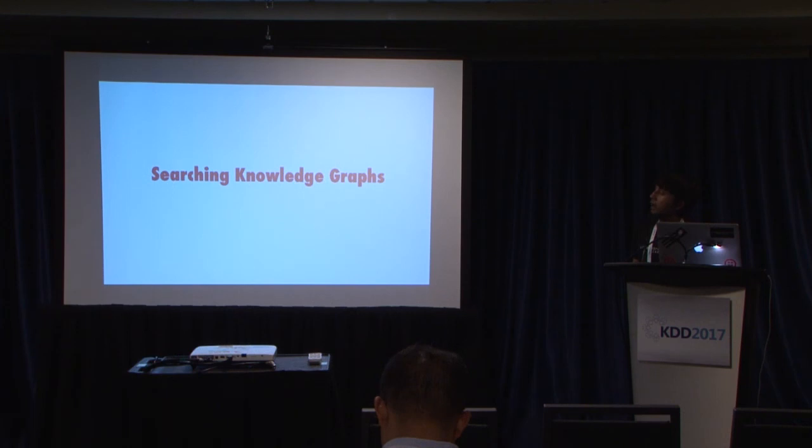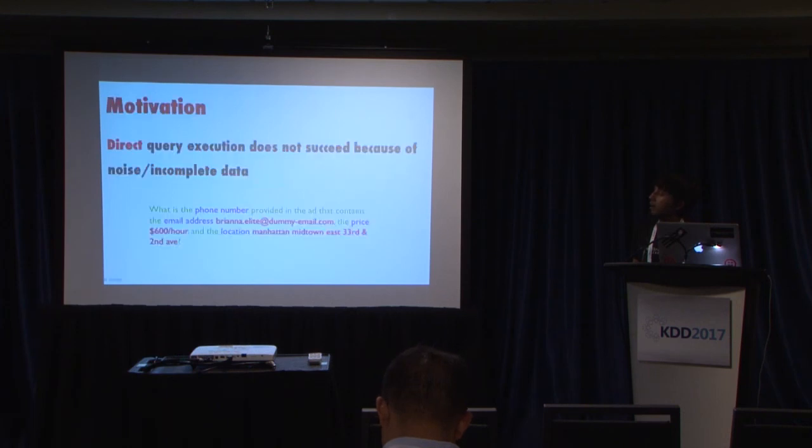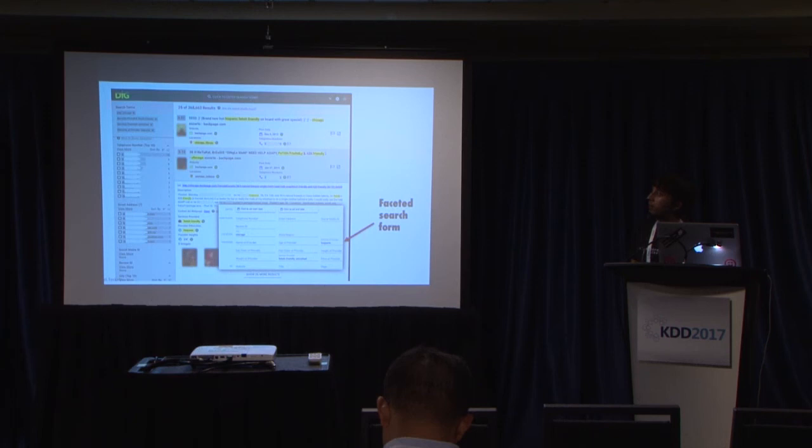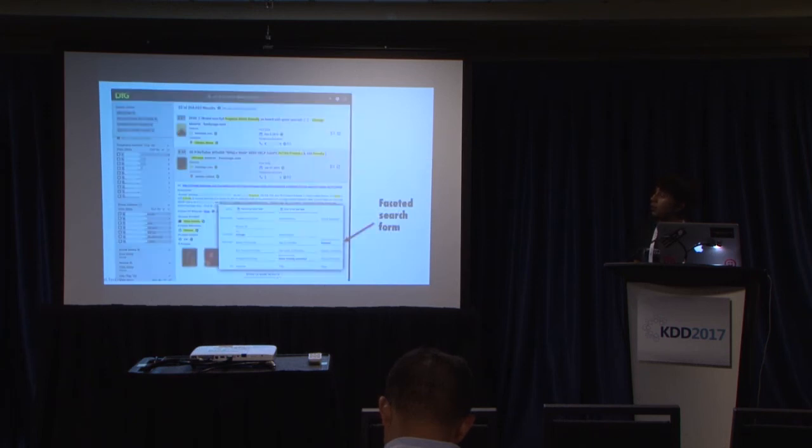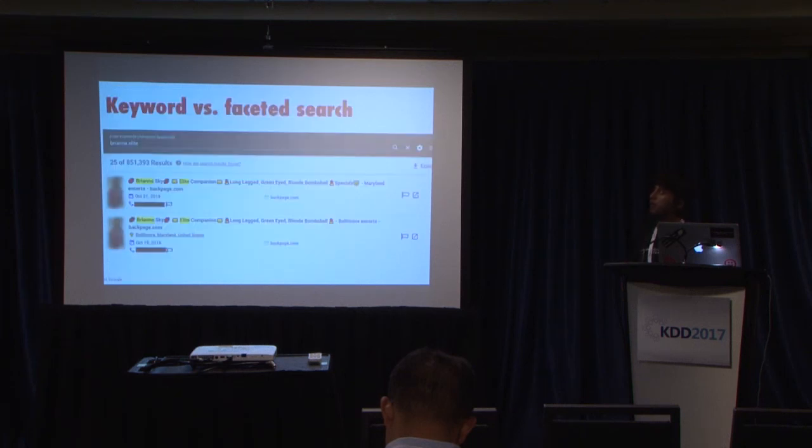I'm going to skip the part on searching knowledge graphs. We've done it through the demo already, where we showed how we can use the form for doing faceted search. This is when you know what you're searching for. You know that what I'm searching for is a stock ticker symbol, or what I'm searching for is a name. So you can do that for very specific search. But we also support keyword search. The idea is that you type some keywords, just like a document store.